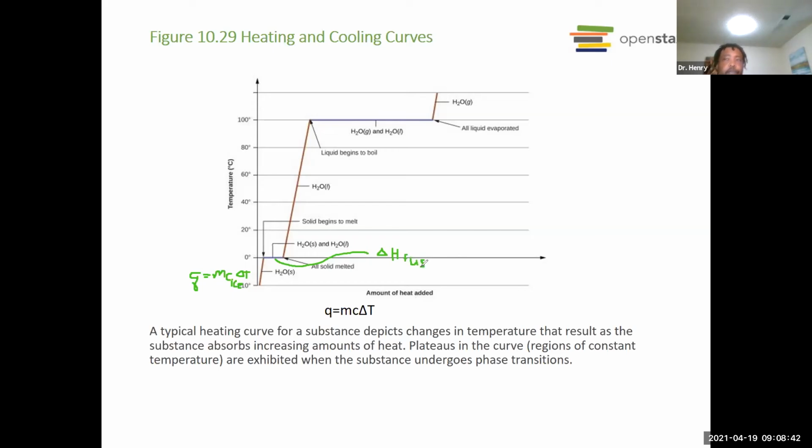Okay, the delta H of fusion there. And then this part here is also going to be Q, and that's going to be MC, and this is going to be of water, or H2O, water, in the liquid form, delta T. Okay, and then that's where we're going from 0 to 100 degrees.